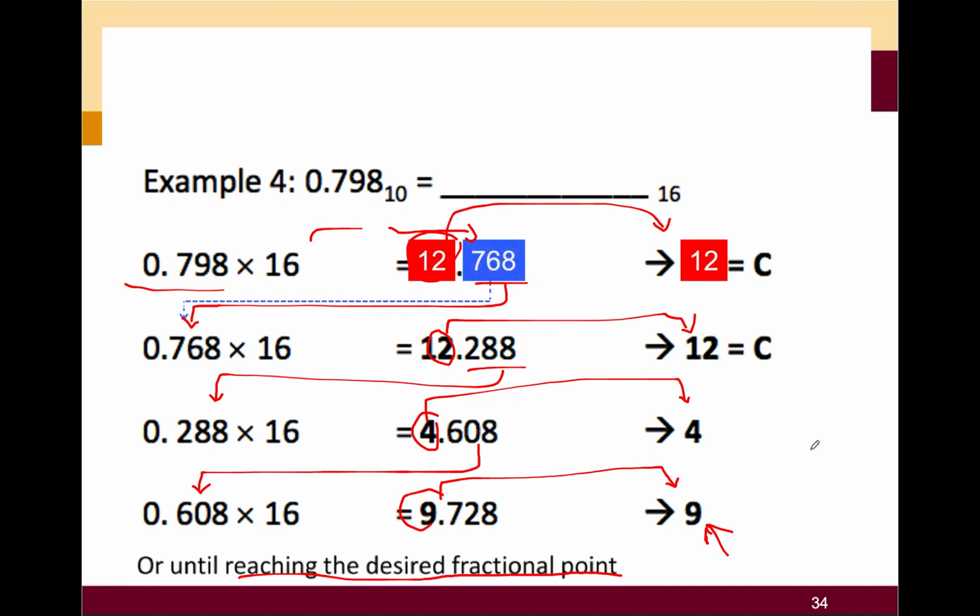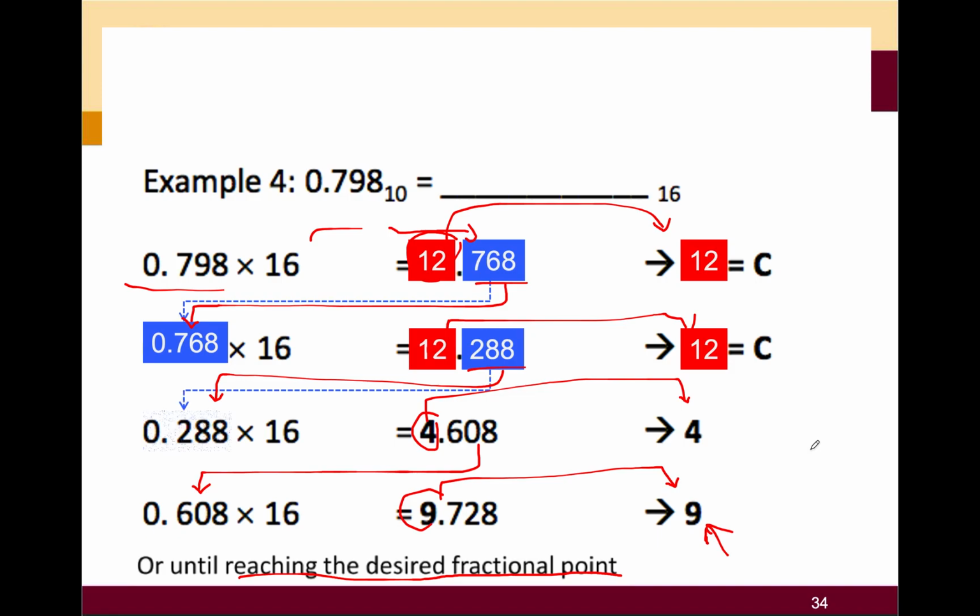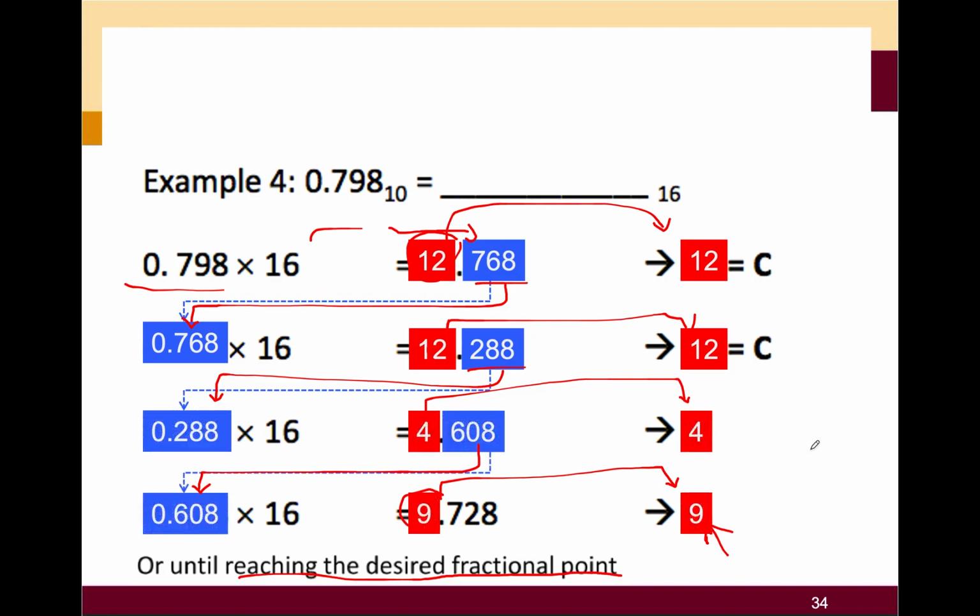That's why if you check over here, you will get CC49 as the answer for your conversion from 0.798.